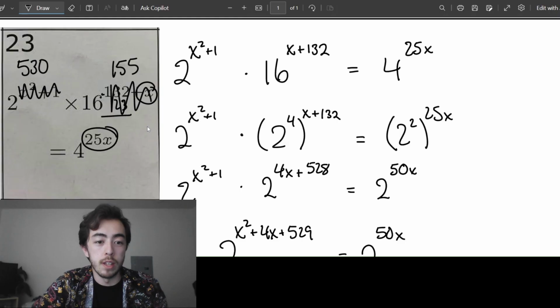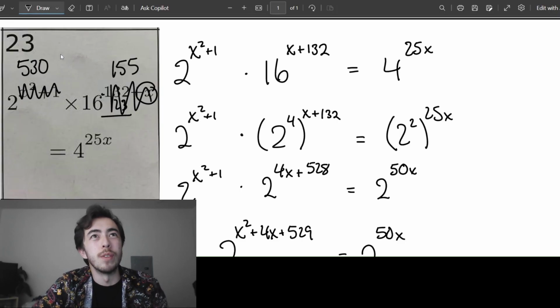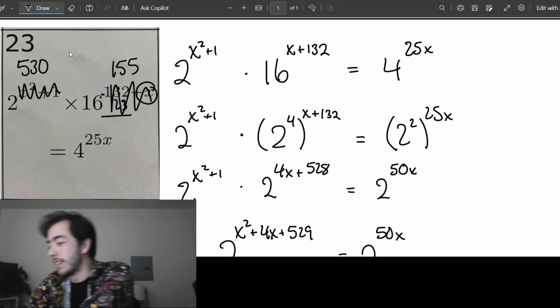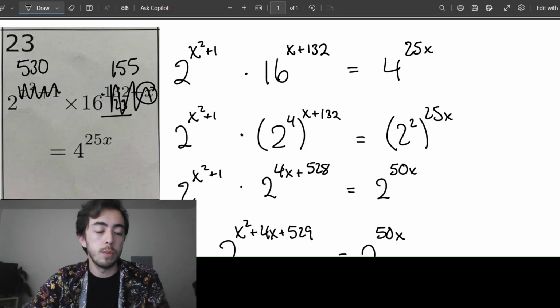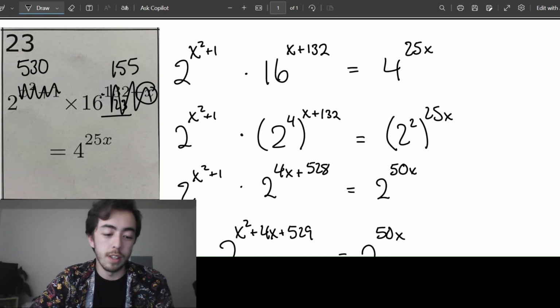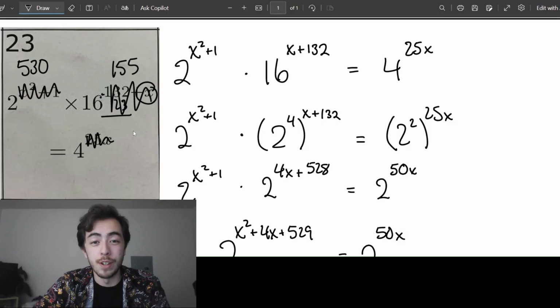And then this number right here is going to be whatever 25 times 23 is. Can't really do that off the top of my head, so I'm going to use a calculator. So once we figure out what those exponents are, we could then just run through the exact same exponent rules and figure out that the two sides of the equation are the same.